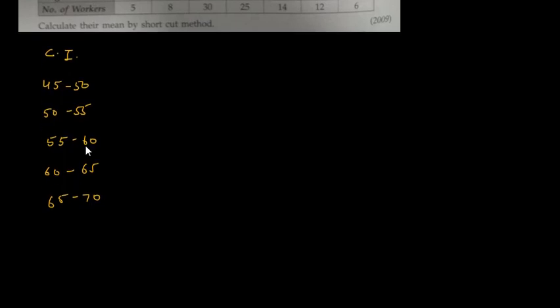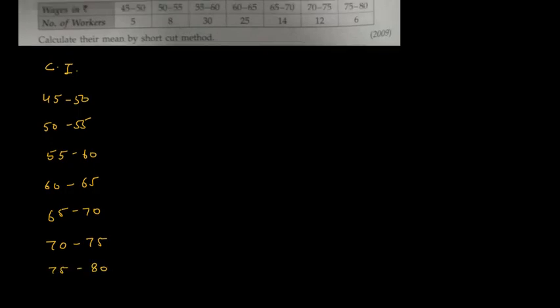So in the first column you have the class intervals: 45 to 50, 50 to 55, 55 to 60, 60 to 65, 65 to 70, 70 to 75 and 75 to 80.